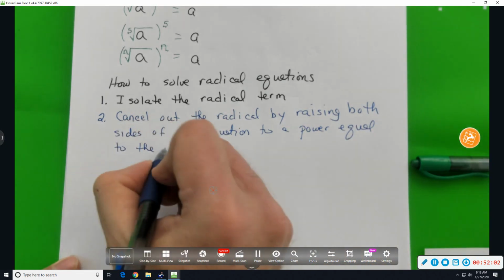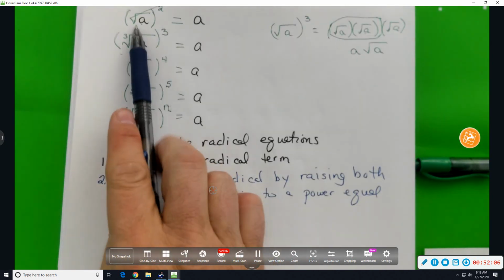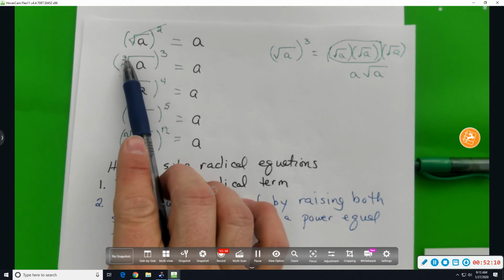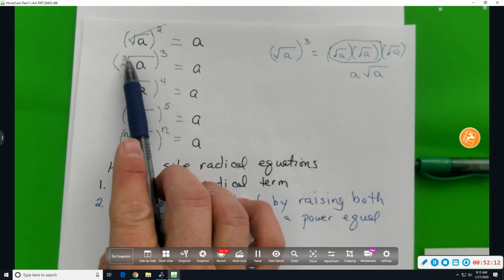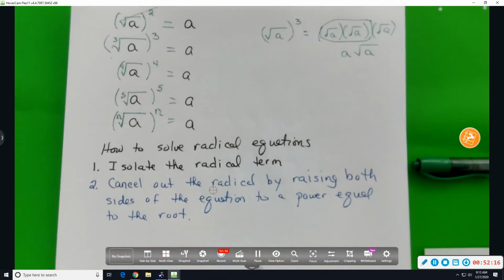What the heck am I saying there? Well, if it's a square root, you're going to square both sides. If it's a cube root in the problem, cube both sides. Use whatever exponent the root is so that it can cancel out.